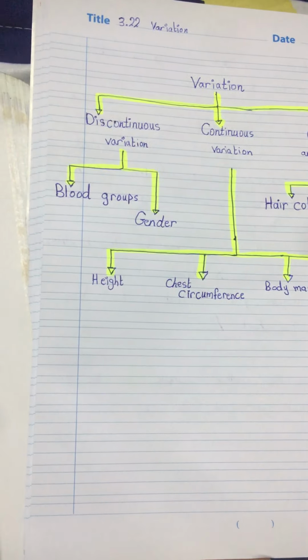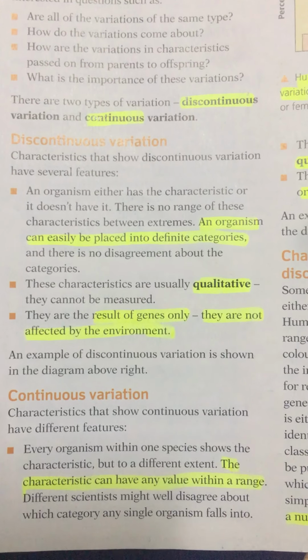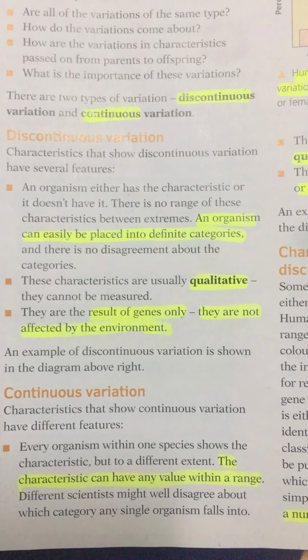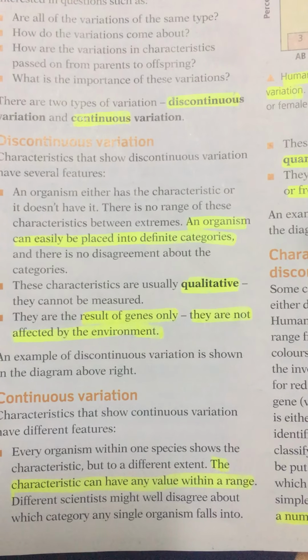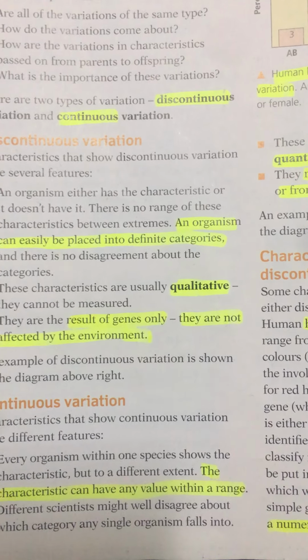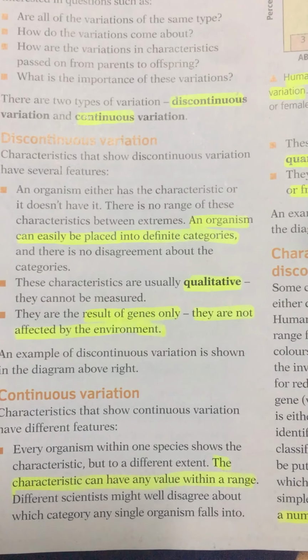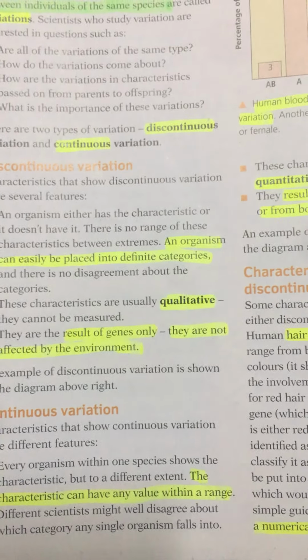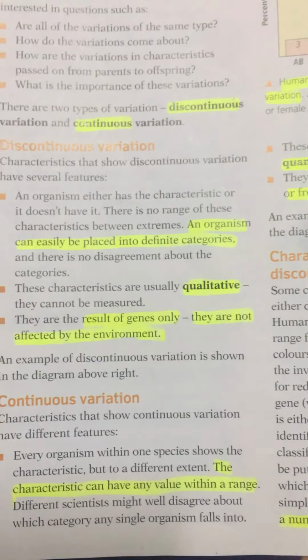The second thing you have to know is that the characteristics for this variation are usually qualitative. Qualitative means that we cannot measure it. So the characteristics of discontinuous variation are qualitative.